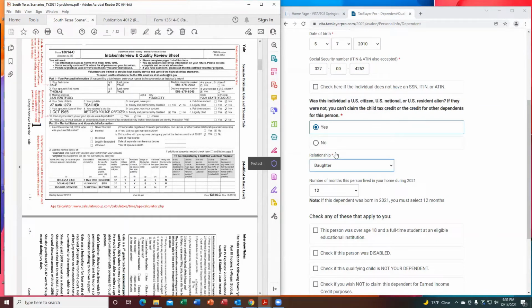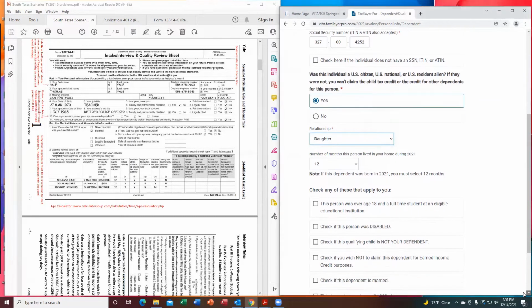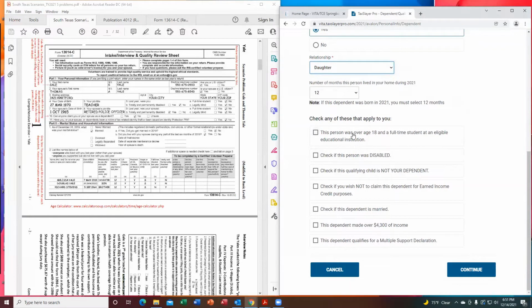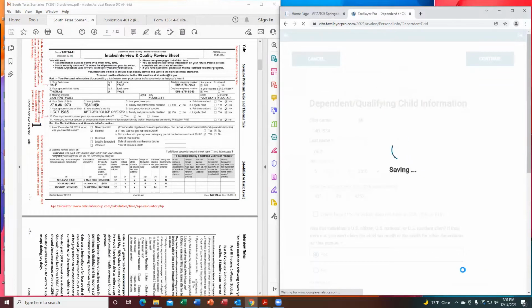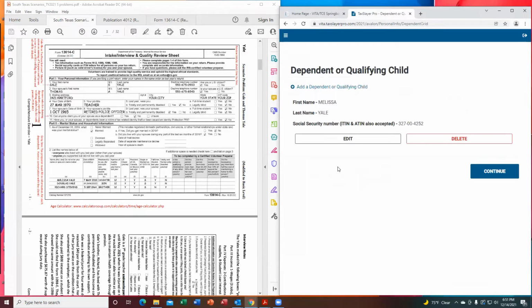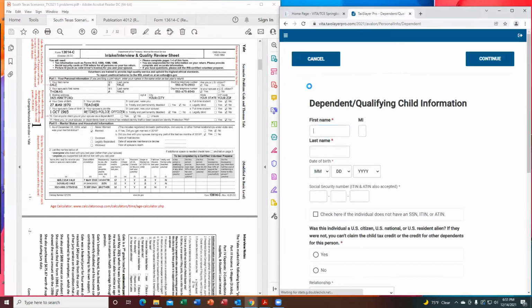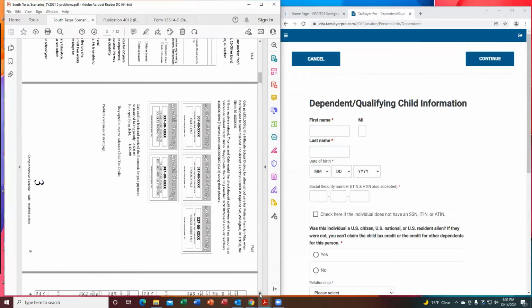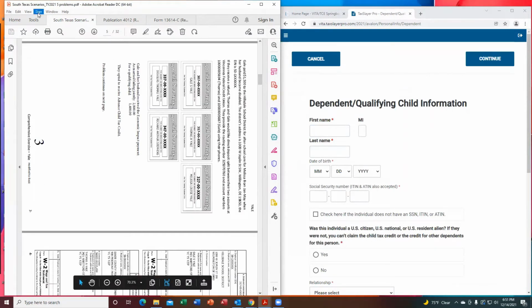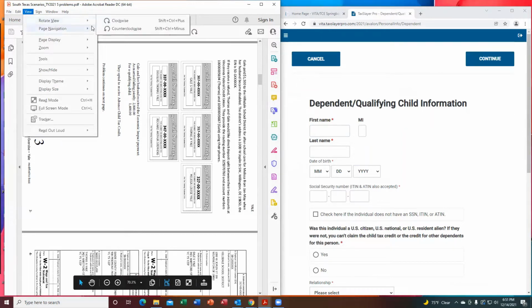So right in here. Okay, nothing that we need to fill out for the dependent. So we continue. Okay, we're going to add another one at the top. And so now the next one is the son. And so the son information is there.